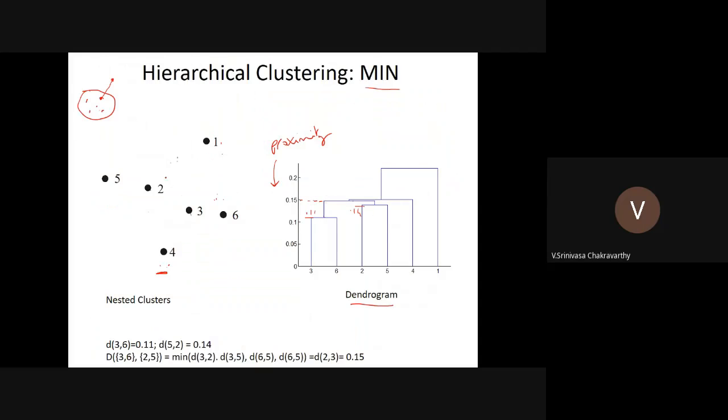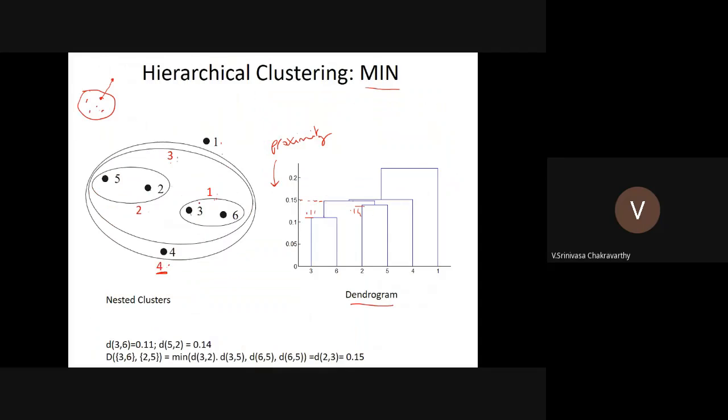So next you merge with 1 at this point, which is 0.22. Right after that, it's a single cluster. So that is how you perform this kind of agglomerative or hierarchical clustering.